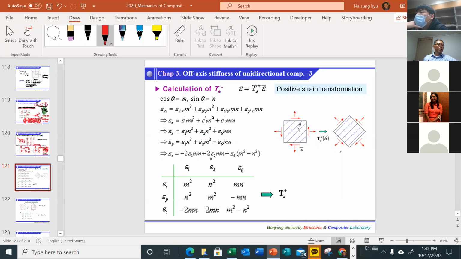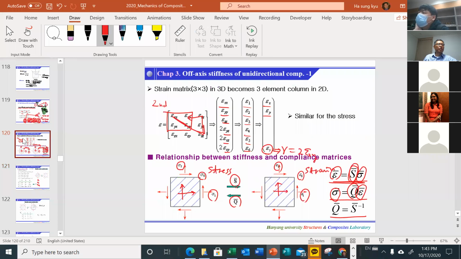We would like to have epsilon xx, epsilon yy, and epsilon xy, which is this one, and that and this, epsilon x, epsilon y, and epsilon s.